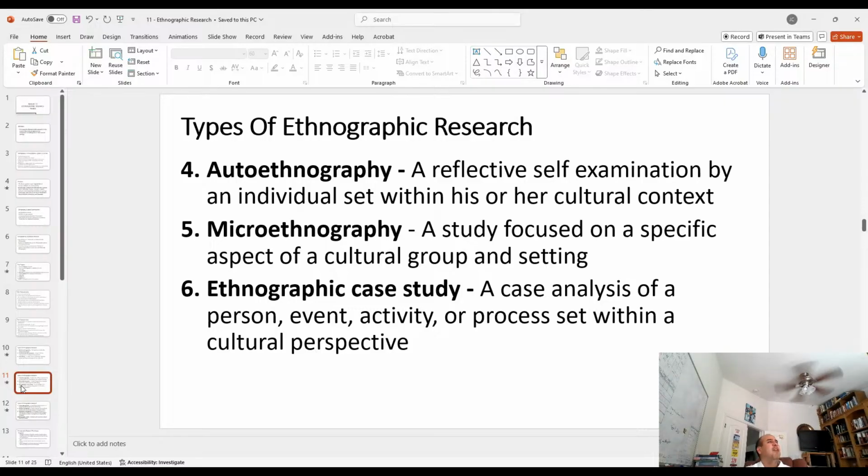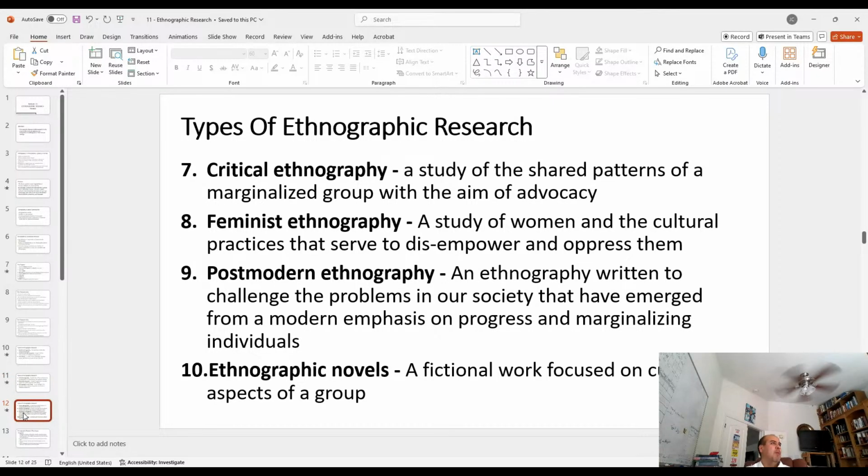Microethnographies are a study focused on a specific aspect of a cultural group and a setting. Ethnographic case study is a case analysis of a person, event, activity, or process set within a cultural perspective. So the ethnographic case study is more like a macro analysis, and the microethnography is more like a micro analysis, right? You've got the macro and the micro.